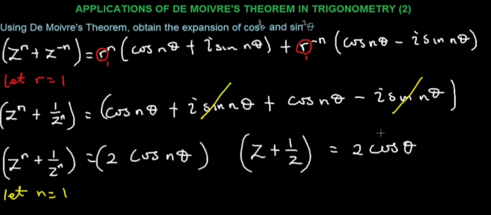Okay, so we have gotten this. To get this in the nth power will now be, if you recall from De Moivre's theorem from the beginning, let me just state it here. z raised to power n is the same thing as bringing the n down: cos n theta plus i sin n theta.